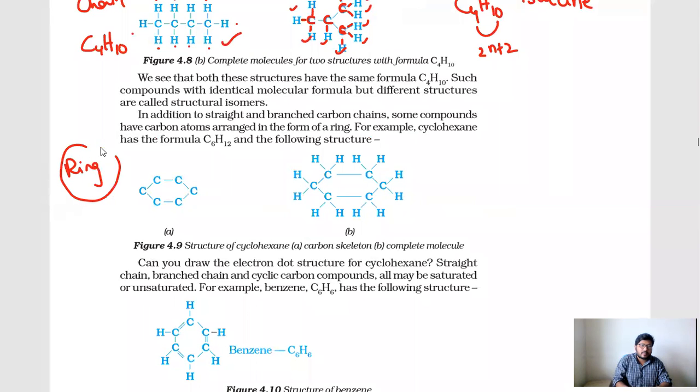If you want to represent rings, this is possible for alkanes only. Sometimes, of course, for alkenes also we can draw, but formulas will change. Whenever you are representing in the form of a ring, we have to call it cyclo. And I told you it is applicable for alkanes.